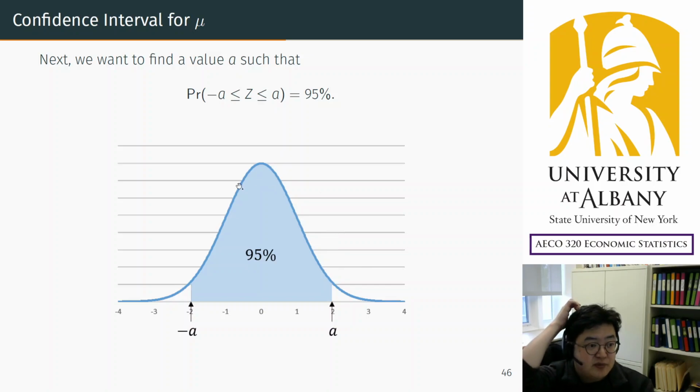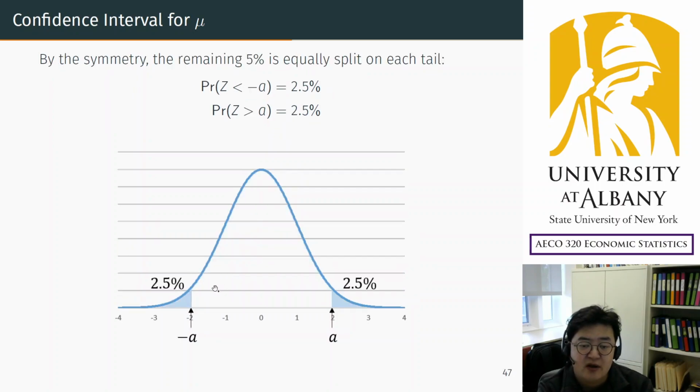We actually did some practice like this. First you have to understand that the other 5% must be on the two tails, split equally on each side. So the lower tail has 2.5% and the upper tail has 2.5%.